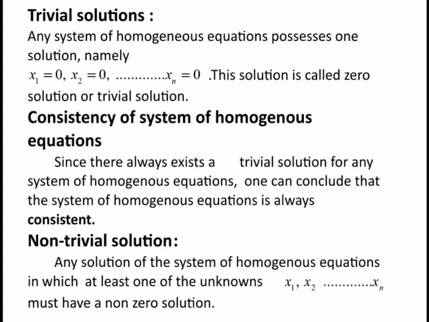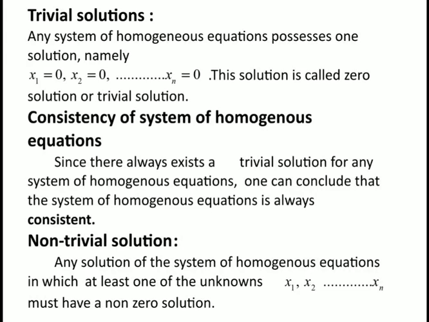If the system has a solution, it has either a trivial solution or a non-trivial solution. Trivial solution means any homogeneous system of equations compulsorily possesses one solution, namely x1 is equal to 0, x2 is equal to 0, xn is equal to 0, and this solution is called the zero solution or trivial solution.